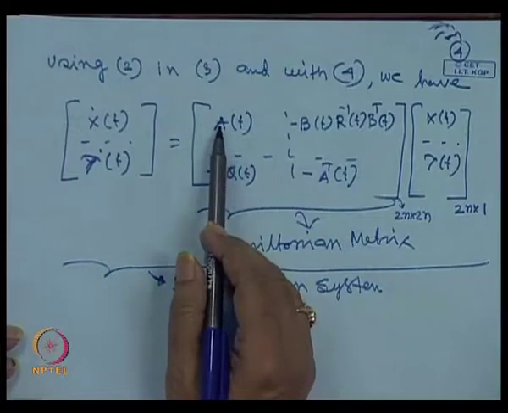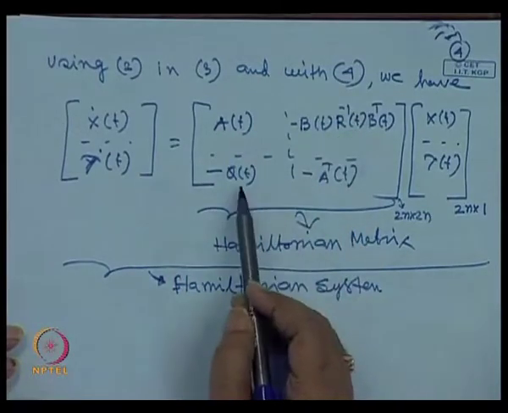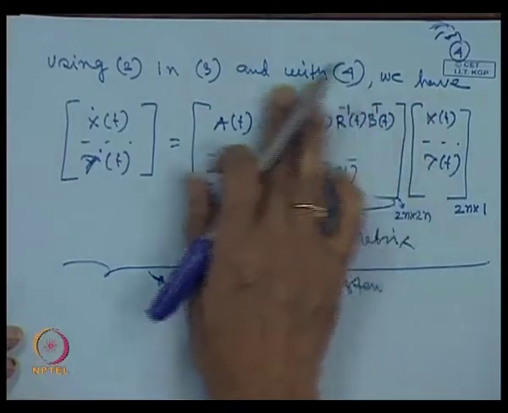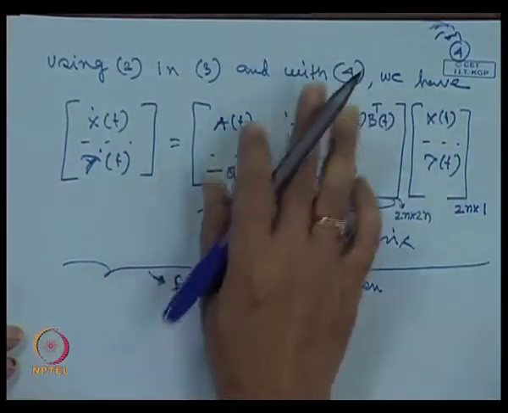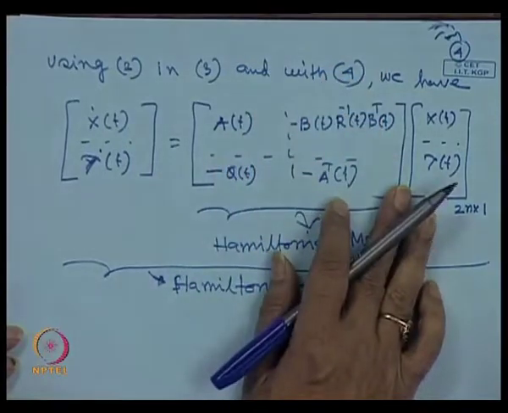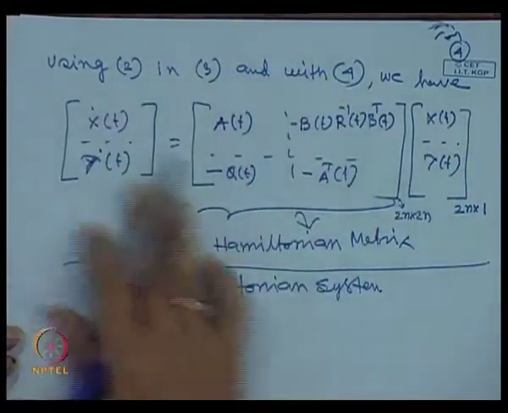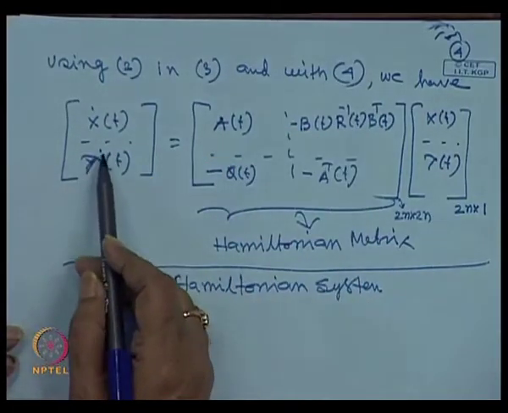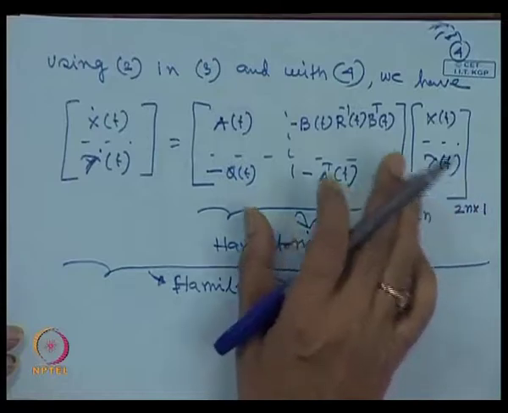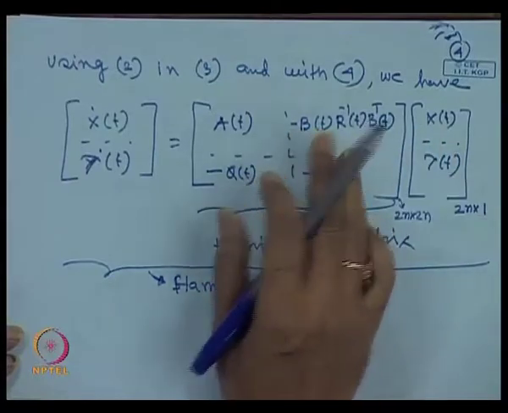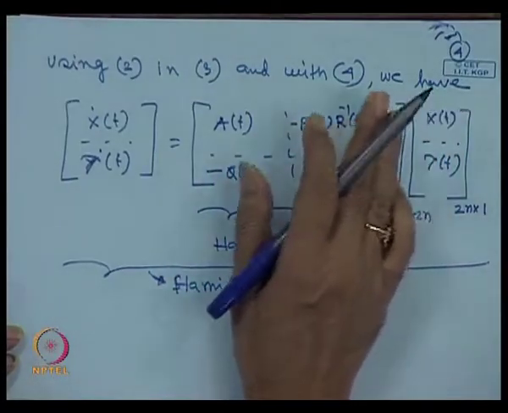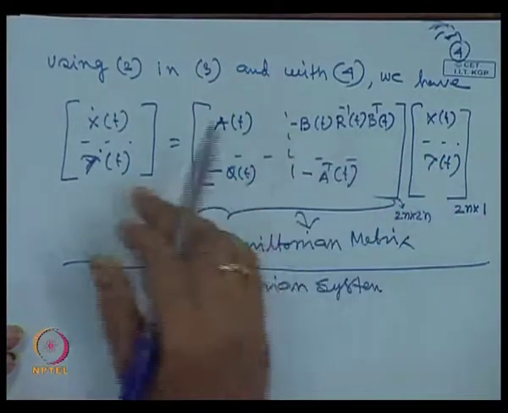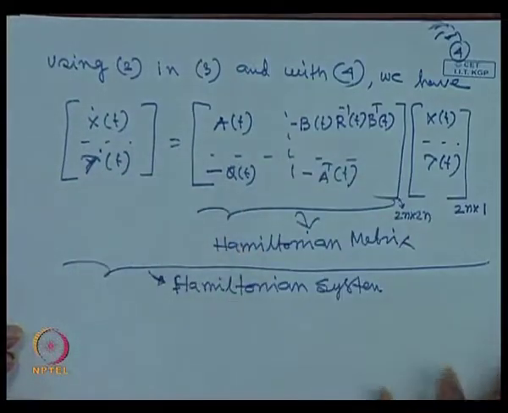Suppose A of t, B of t, R of t and Q of t are fixed and do not change with time, then this is a constant matrix and we can find out the eigenvalues, and these eigenvalues are closed loop system eigenvalues. Agree? The way x dot is there, lambda dot of t is there, in addition there are n eigenvalues which are closed loop eigenvalues, and another n eigenvalues associated with the co-state vectors.